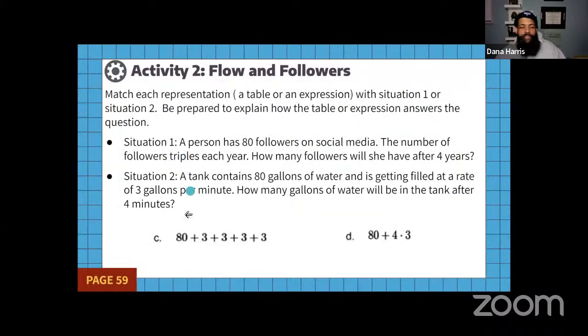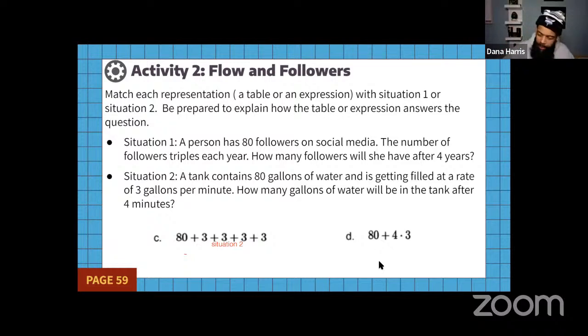All right, so we're still matching these situations. Now I have 80 plus 3 plus 3 plus 3 plus 3. All right, that looks like a scenario for situation 2. Okay, here we go. Let's do situation 2. All right, now this one D is 80 plus 4 times 3.